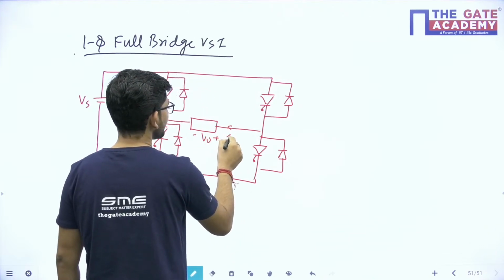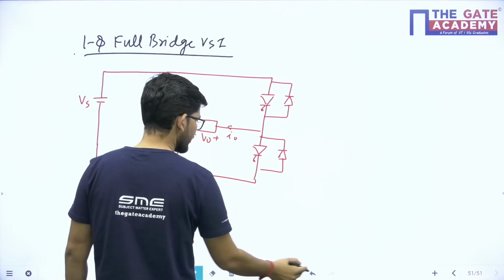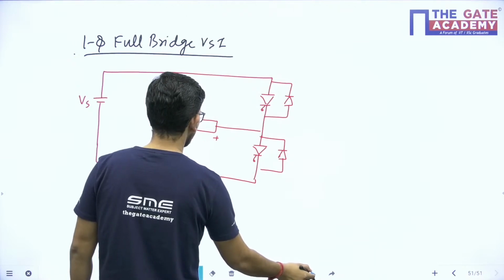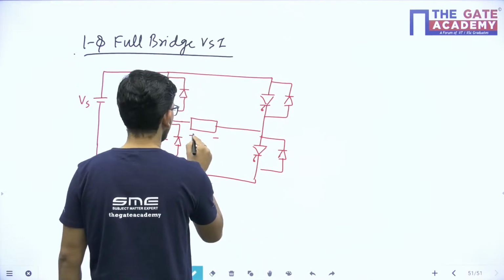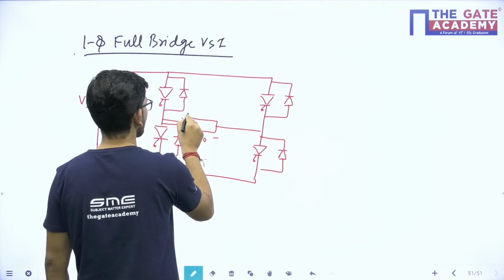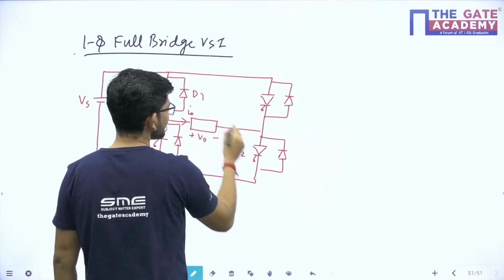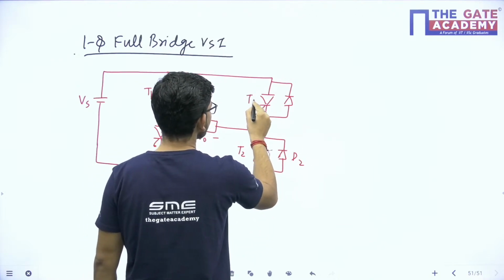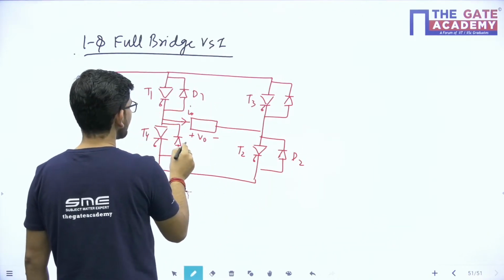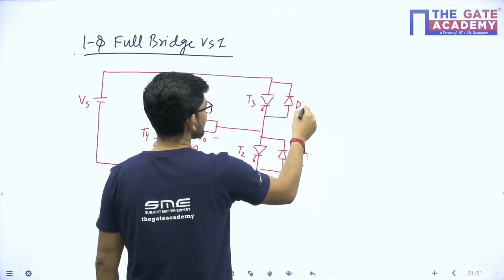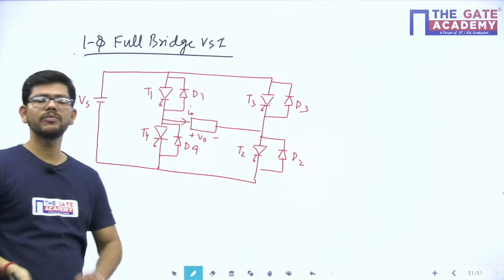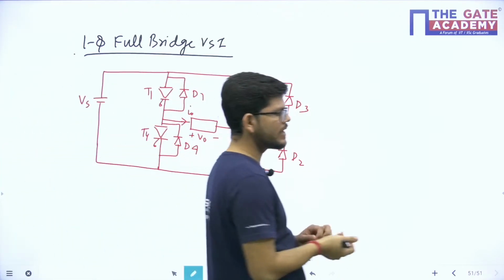So see, this is V0, I0, let me just reverse the polarity. So this is T1, this is T2, this is D1, this is D2, this is T3 and this is T4, this is D4 and this is D3. So this is my full bridge VSI.